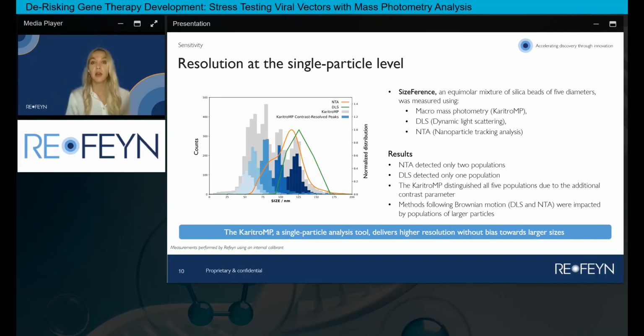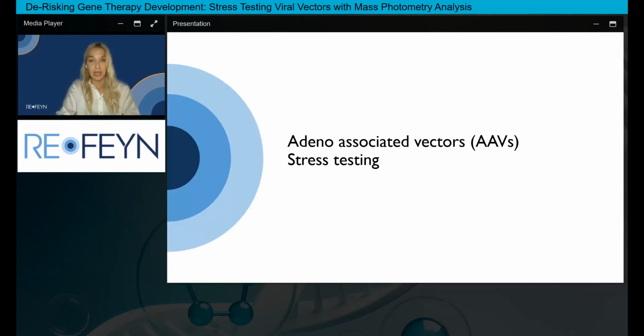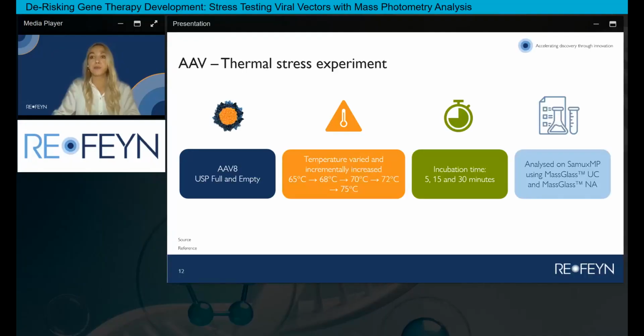But where someone uses other methods such as NTA or DLS, that will cause a bias toward a larger size. Now I will walk you through experiments and stress testing of adeno-associated viruses and lentiviral vectors.